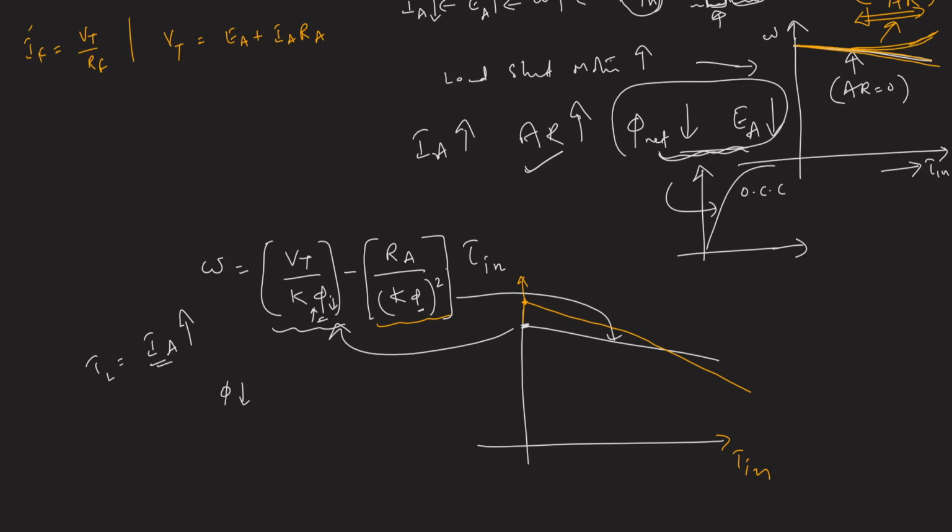Slowly, as the load torque increases, the flux reduction takes place, the denominator value reduces, and the intercept and the slope increase. So the machine will have a small rise in speed compared to the value without armature reaction.